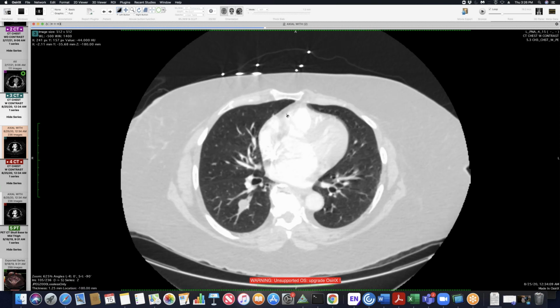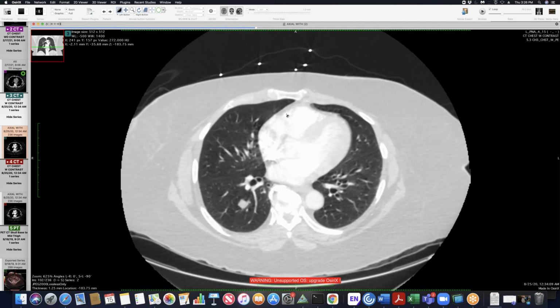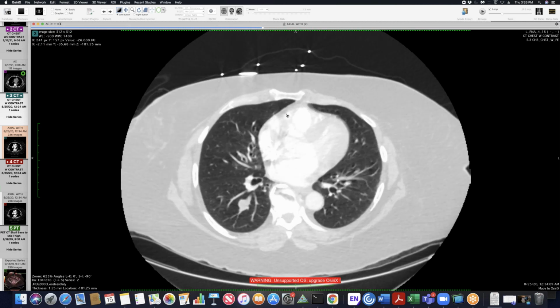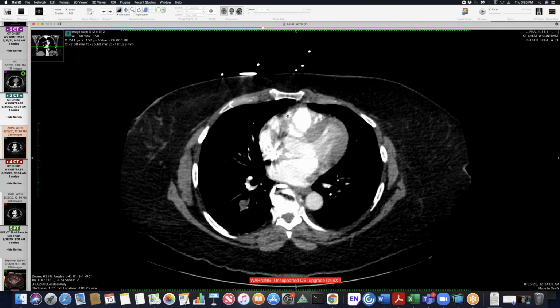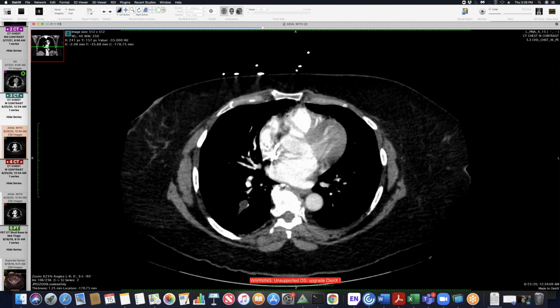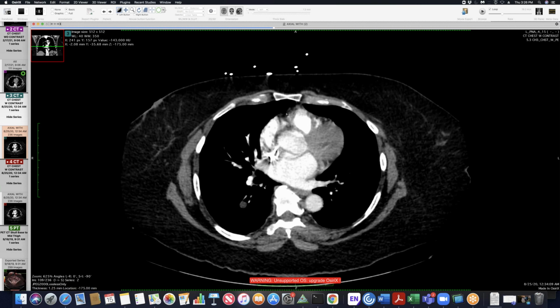But do you expect something aspirated to be that discrete? Yeah, that's a question. It seems rather large compared to the size of the bronchus that it's in. You would say, how did it get into that small little bronchus?